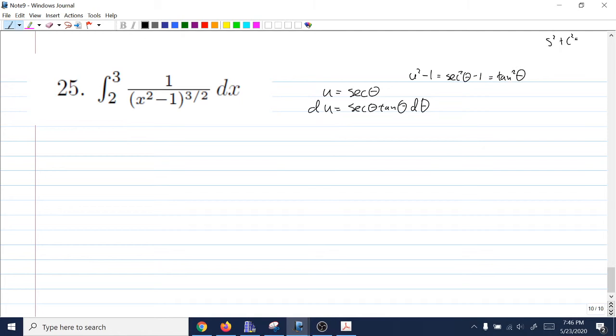Sine squared plus cosine squared is 1. That says tangent squared plus 1 is secant squared. So secant squared minus 1 is tangent squared. Yes, I got this right. So this becomes... bounds of integration change.